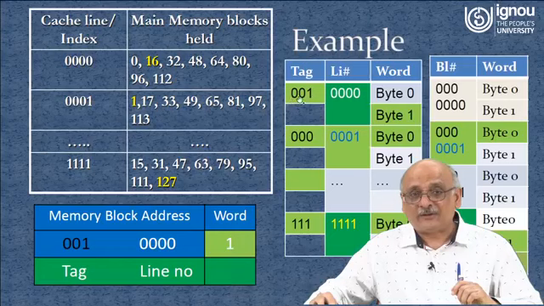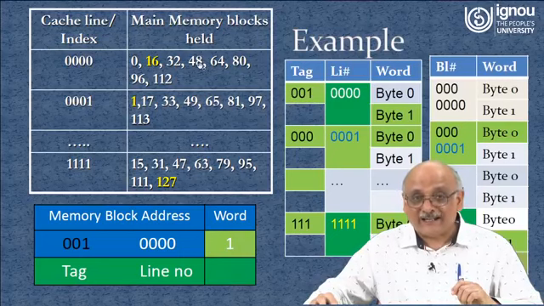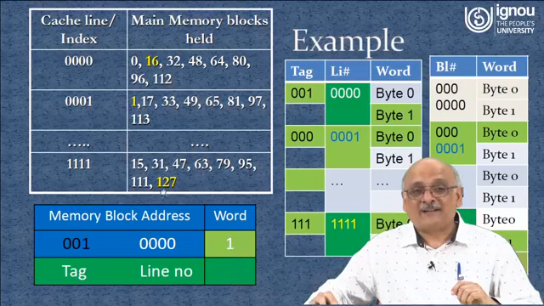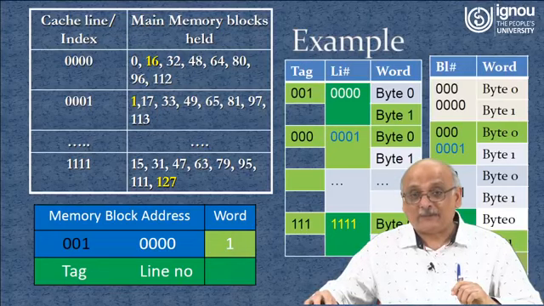If it is 010, it is the 32nd location of the memory. If it is 011, it is the 48th location. And if it is 111, then it is the 112th. Alright? So the 112th memory location is actually going to be stored in this particular location. That we are referring to block numbers only. Right? So this is the 127th block. Remember this. Okay? So this is how. So this 127th block, right, is into 111.